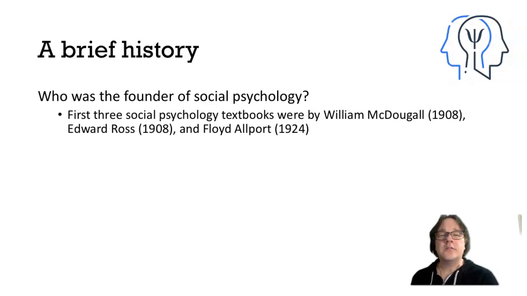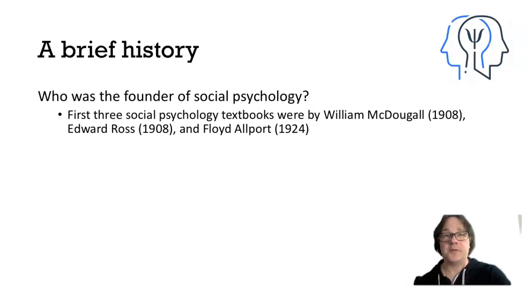So the first three social psychology textbooks were published by McDougall in 1908, Ross in 1908, and Allport in 1924. Now, once a textbook is published in an area, this is kind of the first step in becoming a legitimate, recognized subfield. Like I said, in the late 1800s, people were fiddling around, doing some experiments, publishing some research that was social psychology.